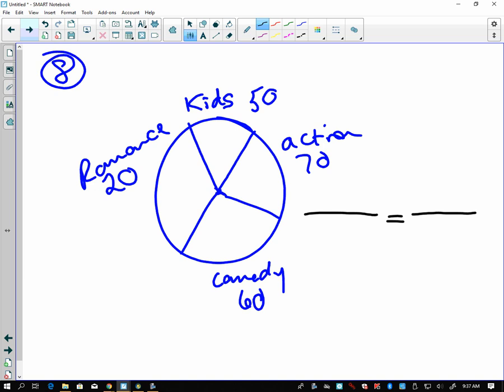So somebody, Jordan, tell me how I'm going to set this up. 100 on the bottom, will that work? On top of here? We're doing action movies, you're right, so we'll have to do 70 somewhere, but where do you want to put it? You want top right? Okay.